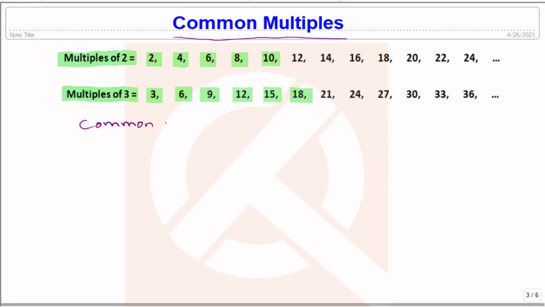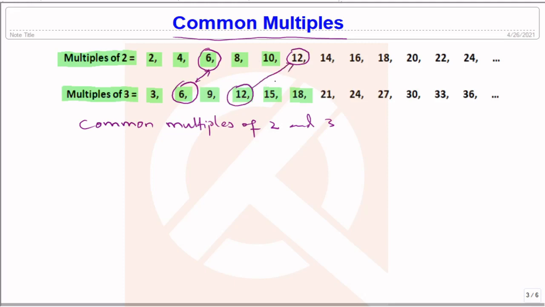The common multiples of these: we'll be looking for those numbers which are common to both 2 and 3. So do we have common multiples? Yes, 6 is a common multiple. Similarly, if we look further, 12 is a common multiple, and similarly 18 is a common multiple, and so on.